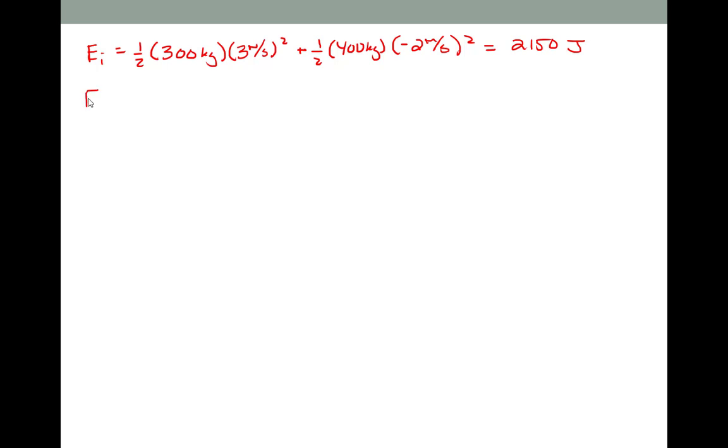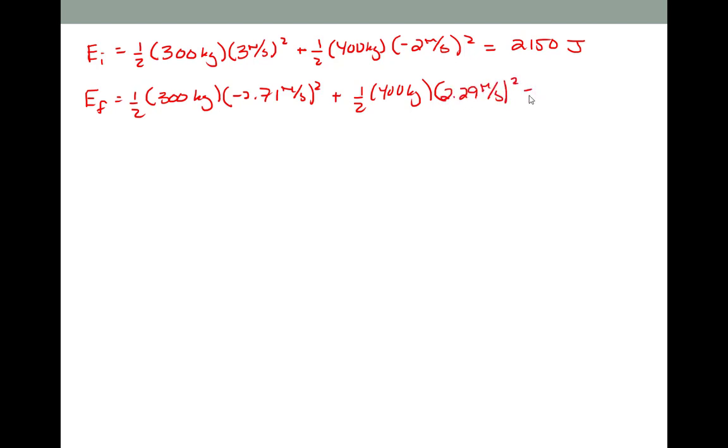The final energy will equal 1/2 times 300 kilograms times negative 2.71 meters per second squared, plus 1/2 times 400 kilograms times 2.29 meters per second squared, which works out to be 2,150.4 joules.